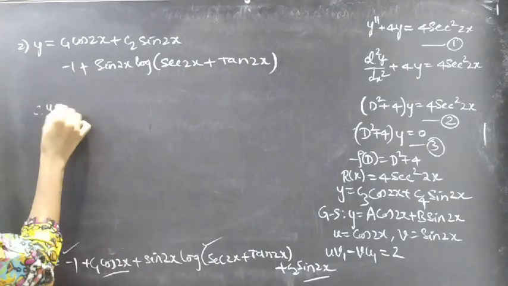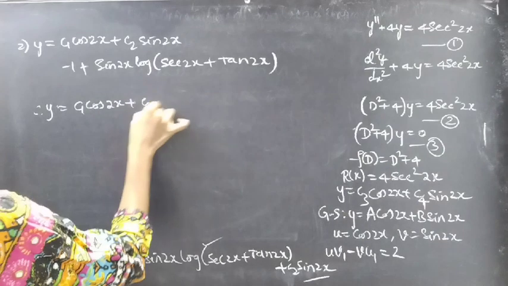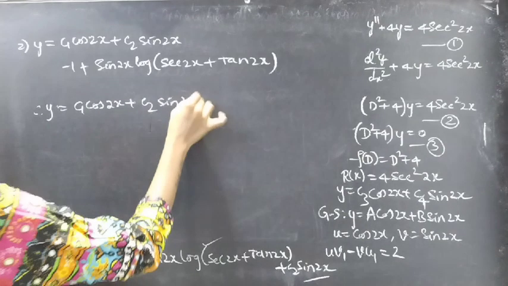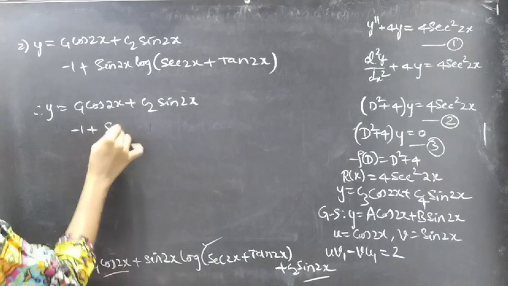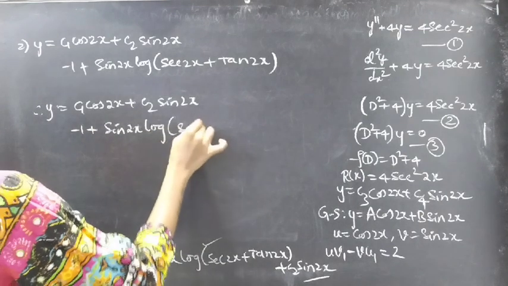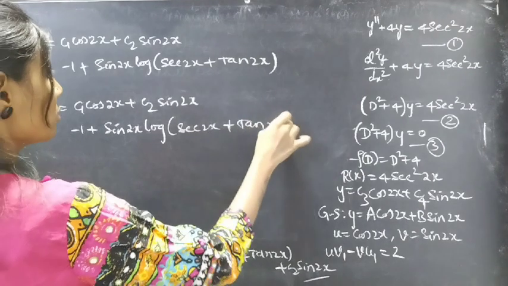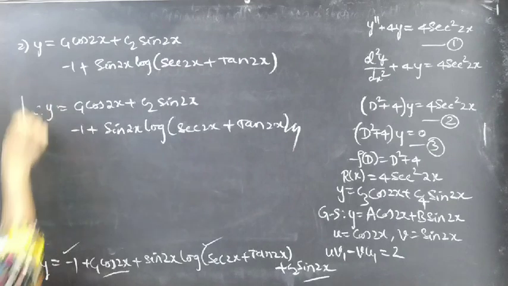Therefore, y equals c1 cos 2x plus c2 sin 2x minus 1 plus sin 2x into log of secant 2x plus tan 2x is the required general solution to our problem.